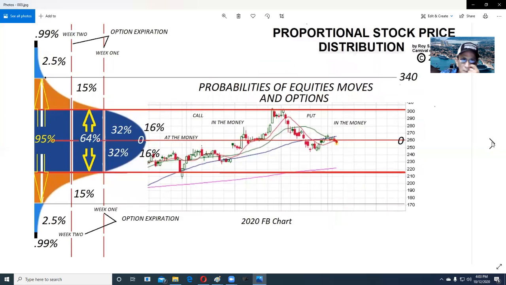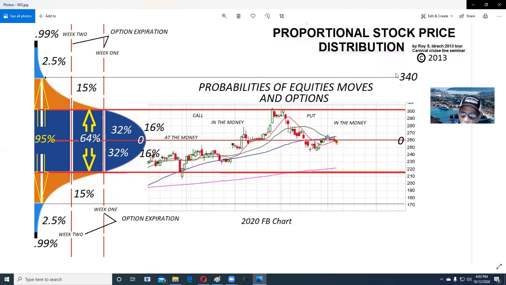So here we are. This is Facebook, the 2020 chart. The reason I say that is because we also used this back in 2013 with Carnival Cruise Line in a seminar. We still have the copyright, which was filed in 2013, but we have brought the chart up to 2020 on Facebook.